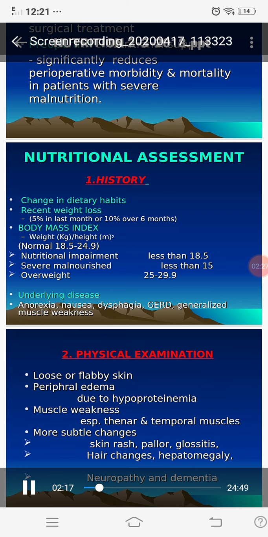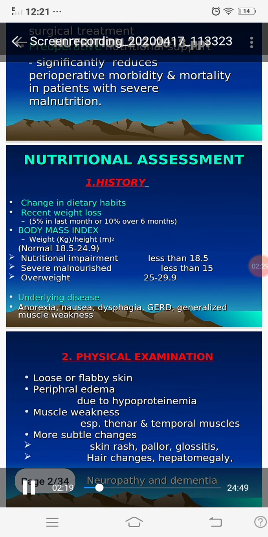Then evaluate the body mass index, which most of us routinely do. What is the body mass index? The formula is weight in kilograms over height in square meters. The normal body mass index is between 18.5 and 24.5.